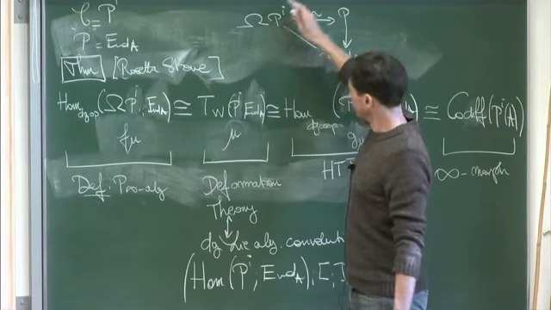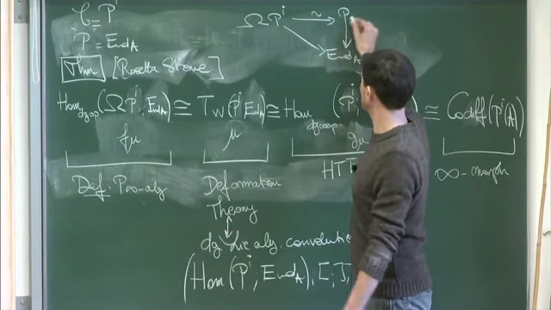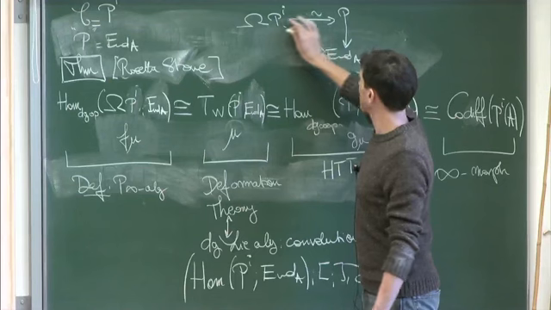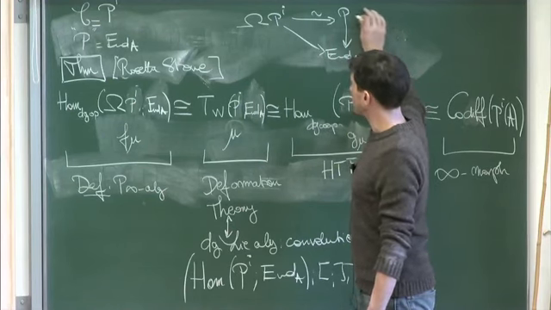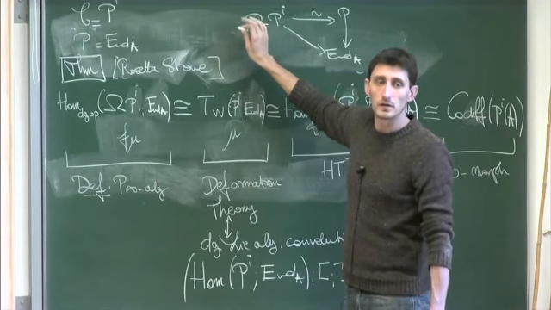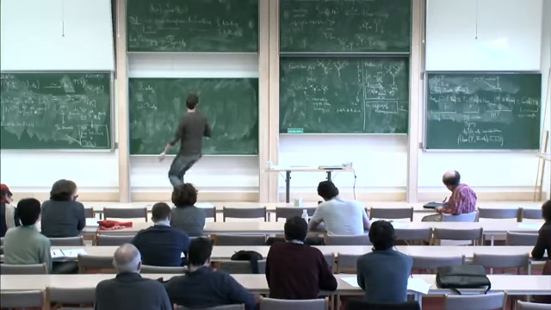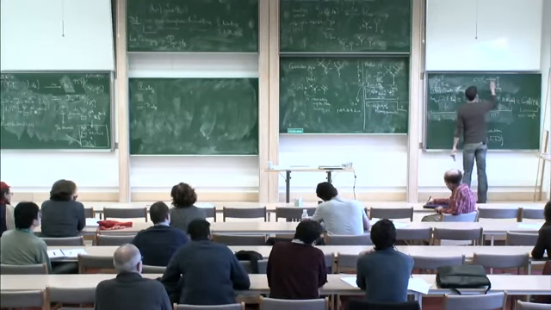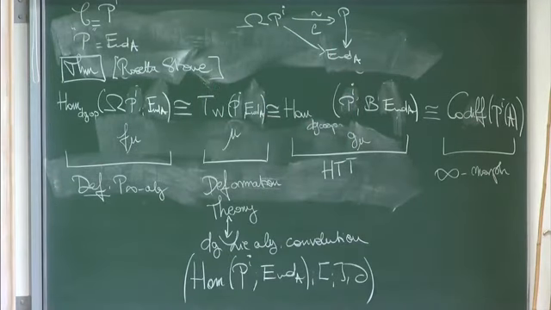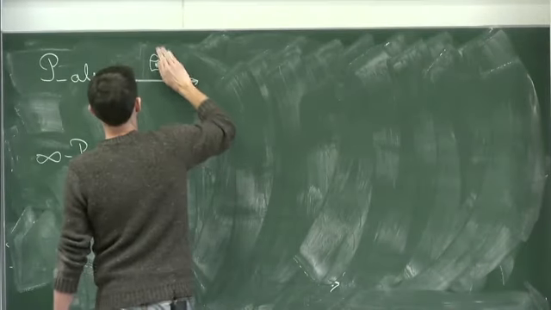In that case, all the higher operations are cancelled. So what I am saying is that by pulling back along that map, the category of P algebras sits inside P infinity algebras. This is not what I wrote so far, so let me denote that map by rho. And if I pull back by rho, I get the embedding.